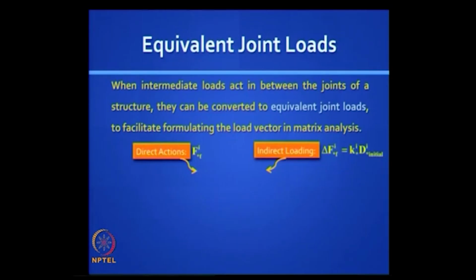We have also looked at equivalent joint loads. Now when we did trusses, the equivalent joint loads came not from nodal loads, not from distributed loads, but from lack of fit and temperature effects, right. When we did the 1D axial element, you also had the possibility of intermediate loads.